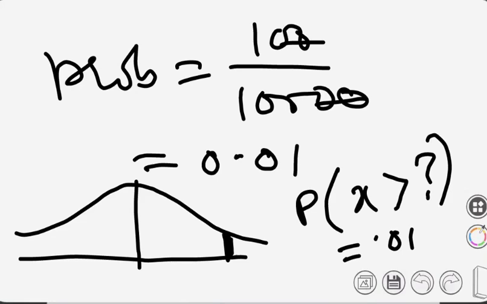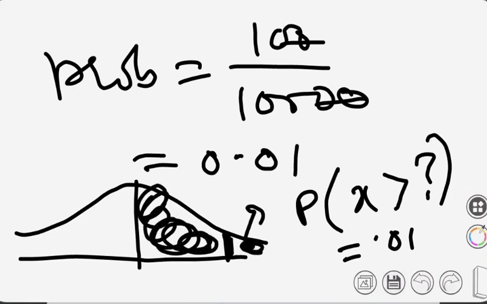Now in the table, 0.01 means what is this area? If this area is 0.01, what will be this? This area is 0.5 minus 0.01.